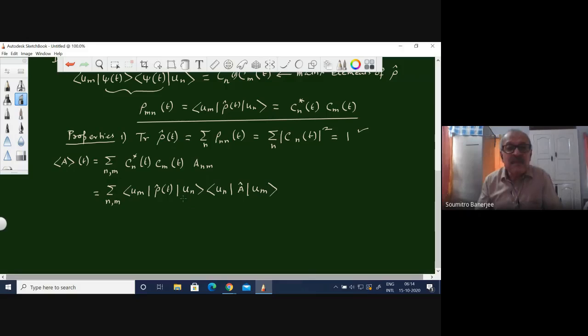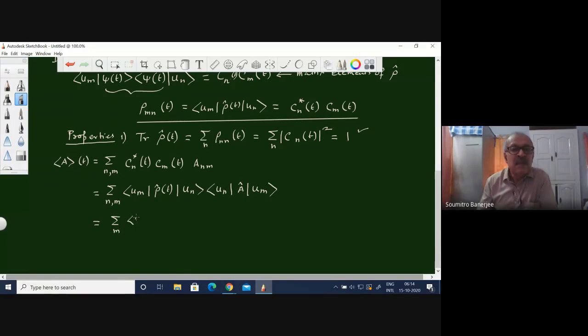Now here is an identity summed over n, so we can take it out since we know that that is an identity. So it will only lead to one summation over m.